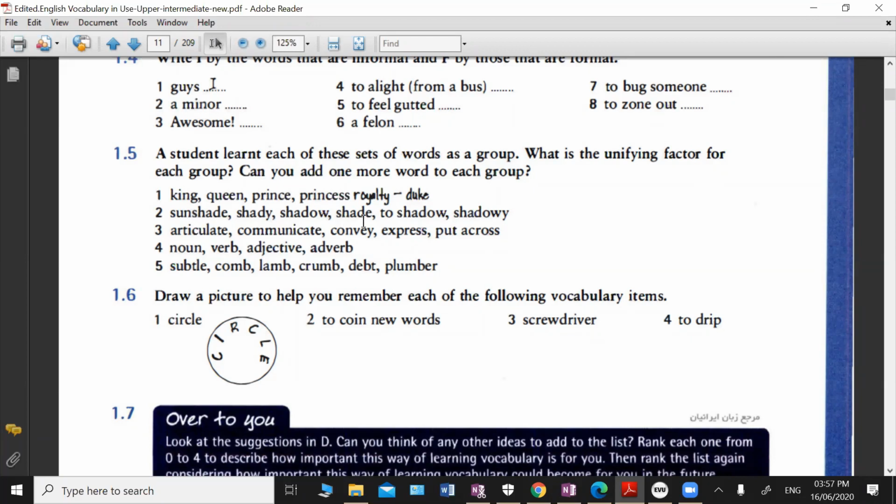Now look at number 2. Can you find a few more examples with this group? Sunshade, shady, shadow, shade, shadowy. Can you add one or two more? Says kingdom, yes. Shade, light, okay.